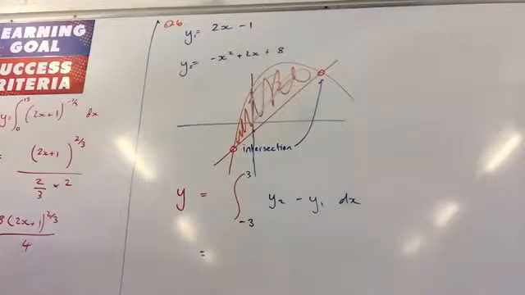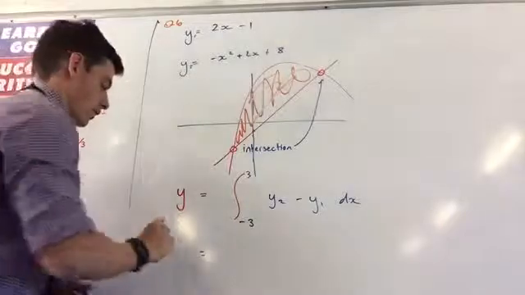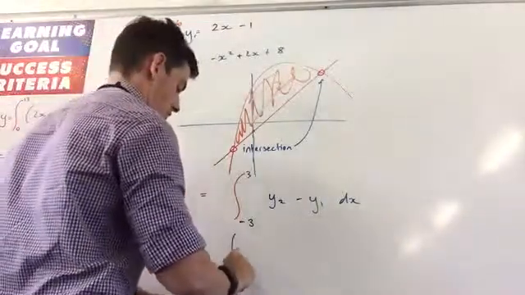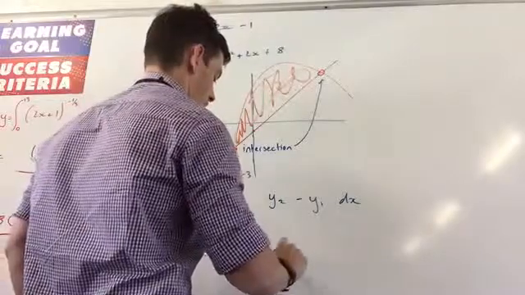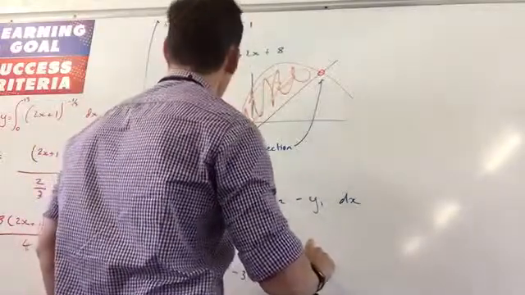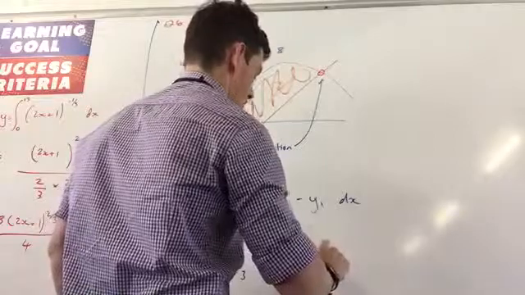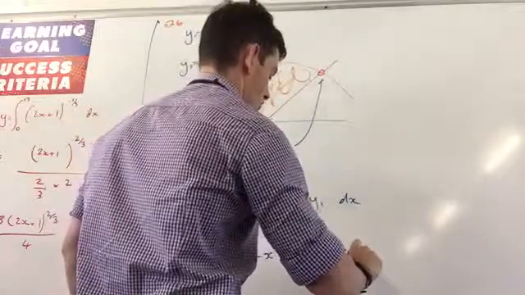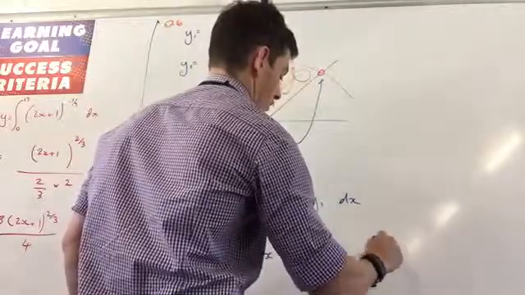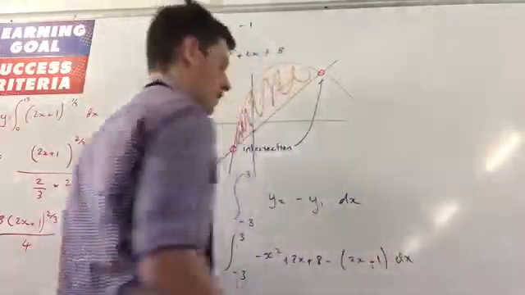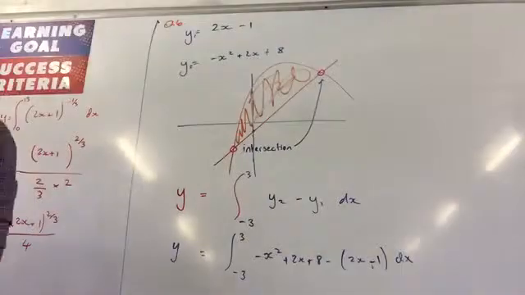If I was to solve this algebraically, what would I put in? What's my next line of work? Integration of negative x squared plus 2x plus 8, minus 2x, minus 1, sorry. Now, does that negative just apply to the 2x, or does it apply to the negative 1 as well?